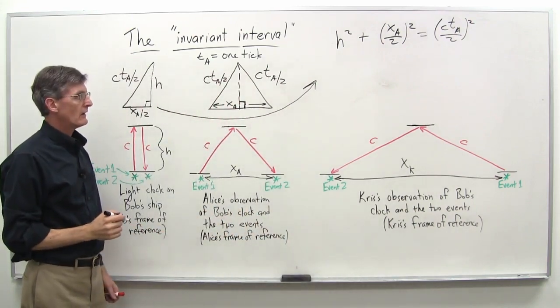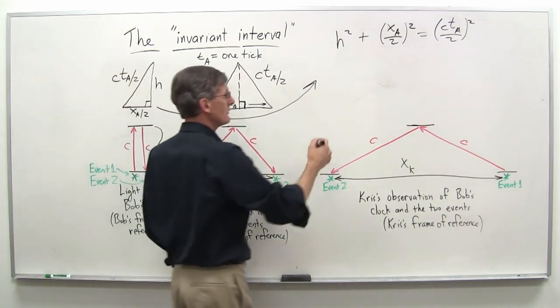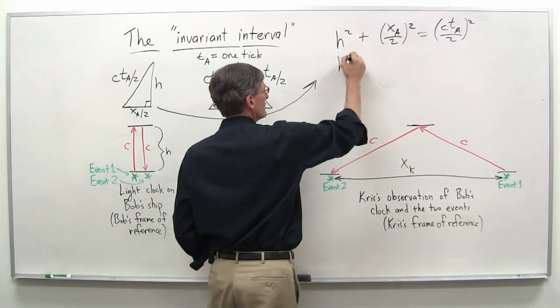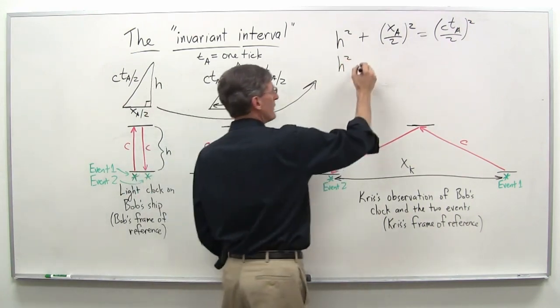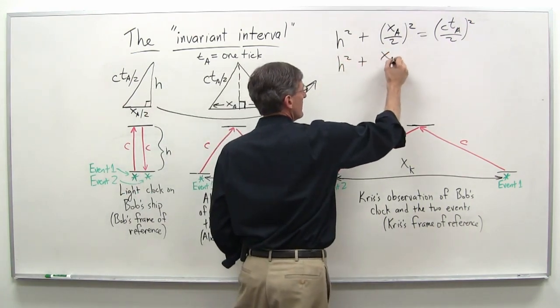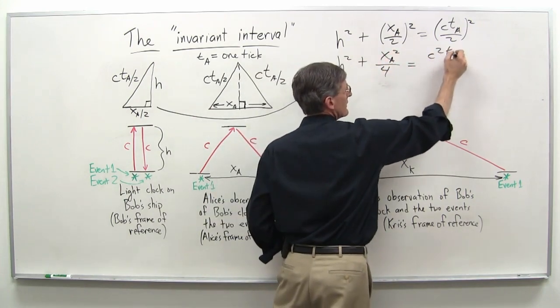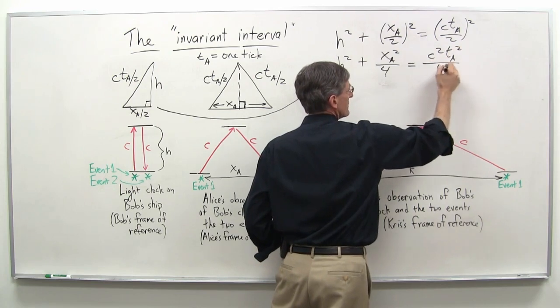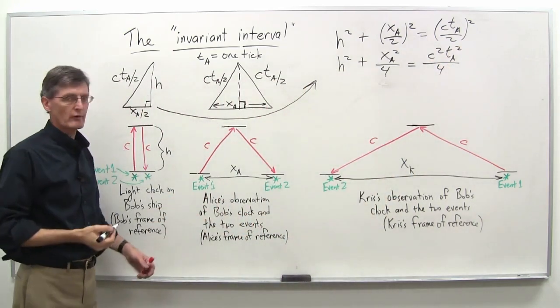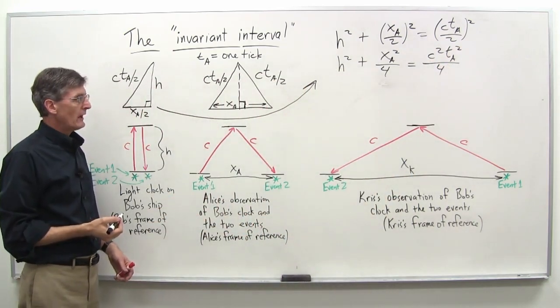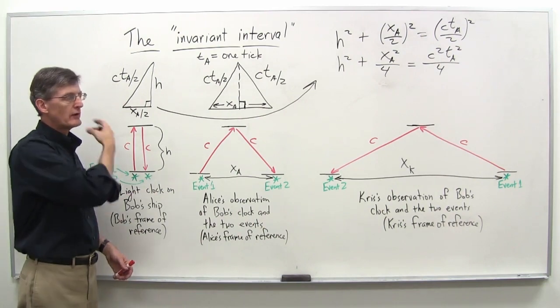Okay. Let's just multiply that out a little bit. We'll do every step here. H squared plus xa squared over 4 equals c squared ta squared over 4. Just squaring each of those terms. And then let's just multiply through by 4.